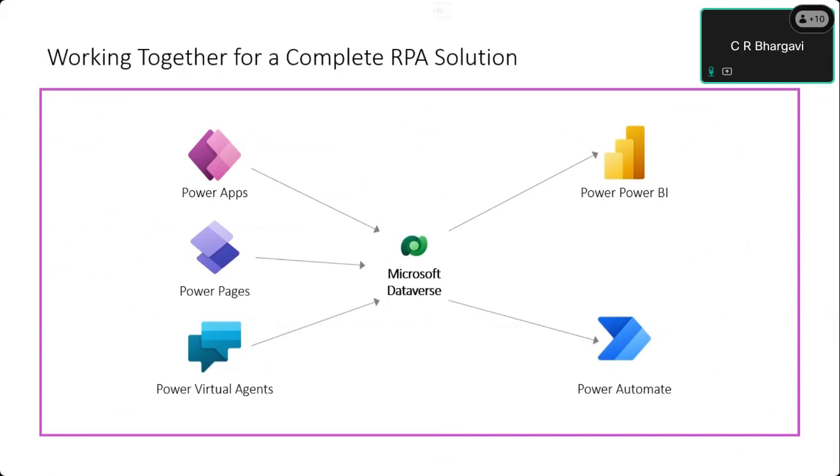This is the whole process we try to do. What if this is a repetitive task and we can automate it? That's where Power Automate comes in, and robotic process automation also comes in. Power Automate is one of the tools under robotic process automation.